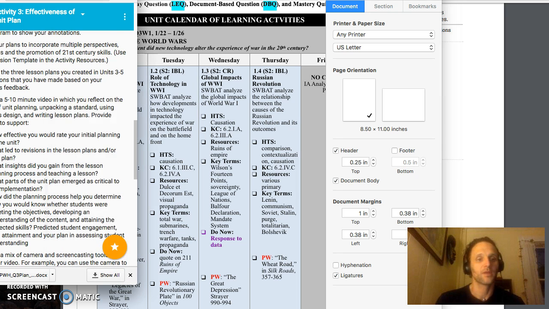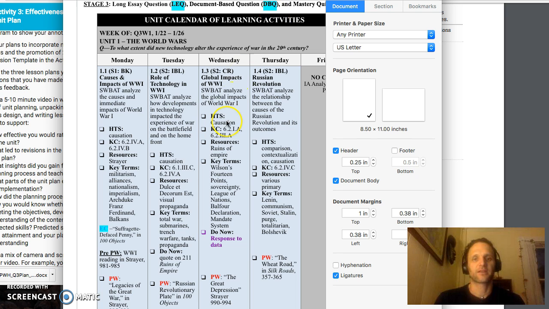In terms of revisions, I think the units that I've been developing are pretty thorough in terms of their 21st century skills and communication, collaboration, critical thinking. And we've done a nice job of weaving those skills into most of our individual lessons. I love the idea of incorporating stronger hooks that tie more multicultural perspectives or cultural awareness.